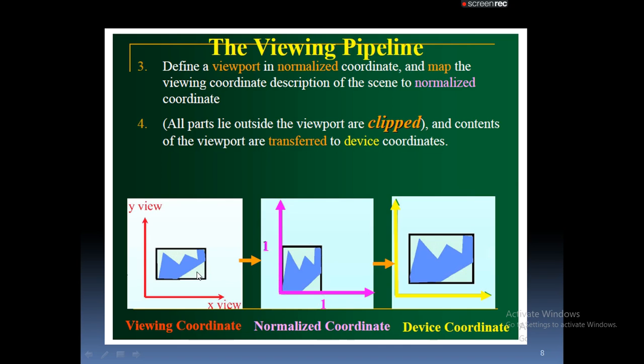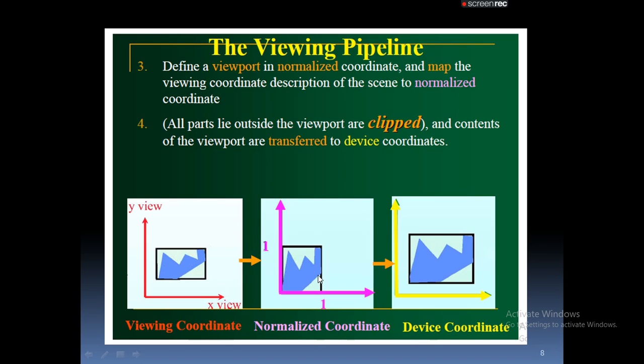Please see that before performing normalization, whatever object lies inside the clipping window has a different shape. When you map the clipping window or viewing coordinates to normalization coordinates with respect to the normalization window, the shape of the object will change.